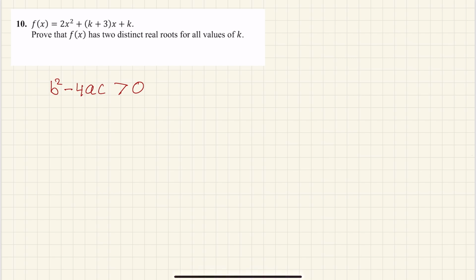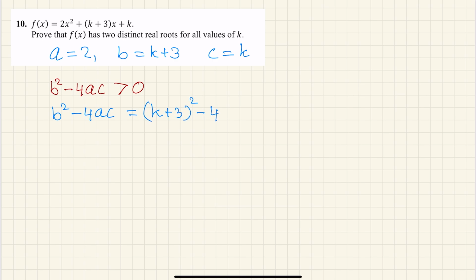To write the discriminant, we need to write down a, b, c. A is 2, b is k plus 3, c is k. Now I'm going to write b square minus 4ac. B square minus 4 times a times c.